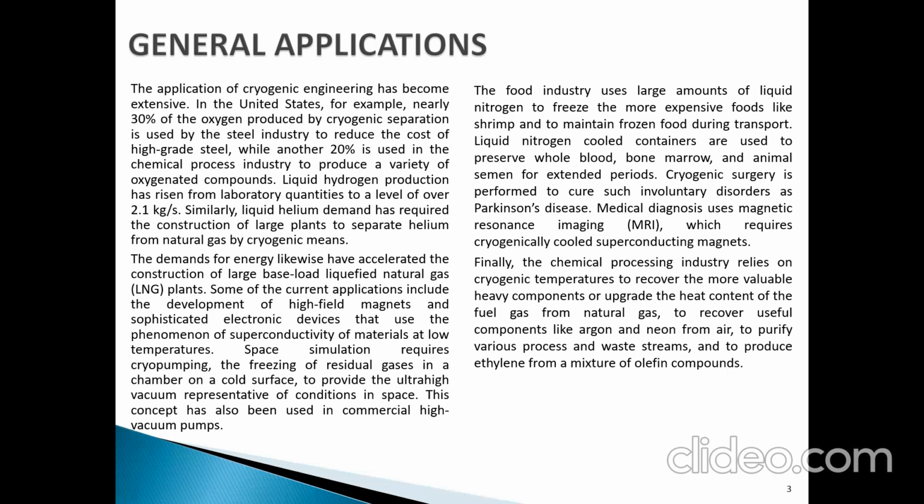Liquid hydrogen production has risen from laboratory quantities to a level of over 2.1 kg per second. Similarly, liquid helium demand has required the construction of large plants to separate helium from natural gas by cryogenics. Okay, so the demand for energy likewise has accelerated the construction of large baseload liquefied natural gas (LNG) plants.